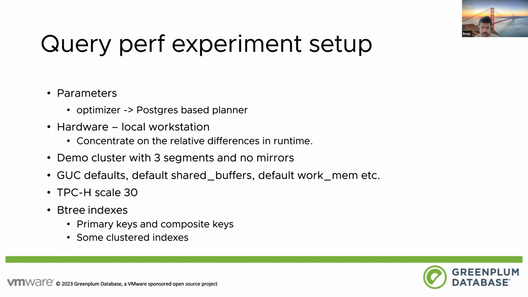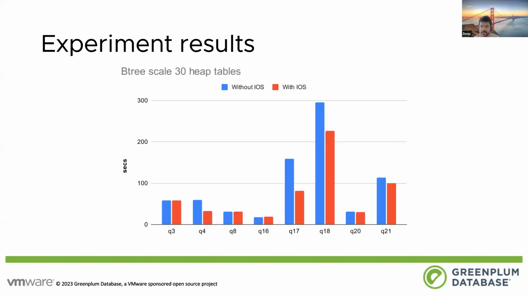Nothing fancy. And what happens ultimately at scale 30 for heap tables is that the blue bar indicates without IOS and the red bar indicates with IOS. And you can see that we get some significant benefits here. Query 4, Query 17, Query 18, Query 21 have all benefited from an index-only scan being picked.